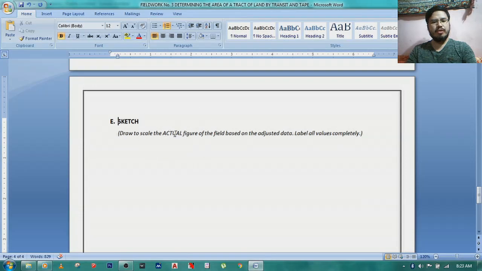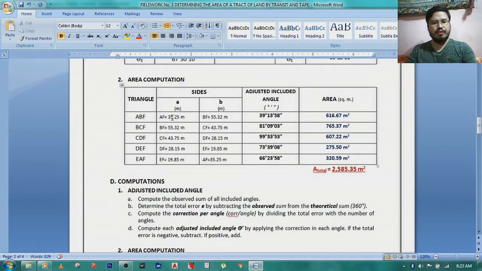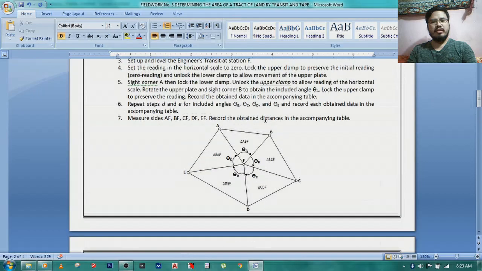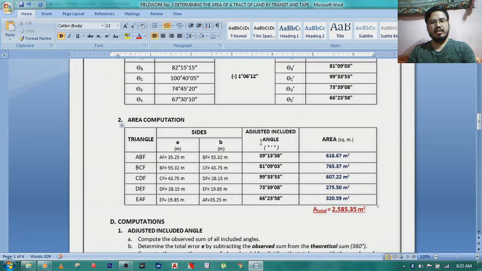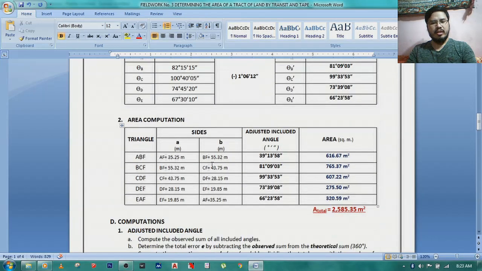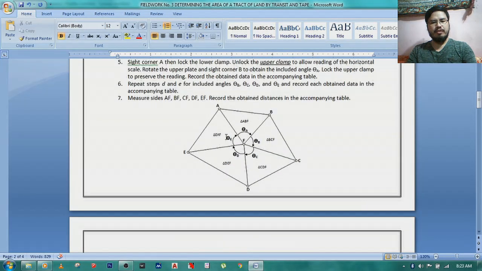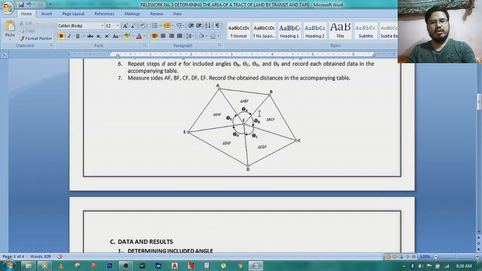When you say actual figure, based on the adjusted data, that means whatever your length for AF, whatever your length for BF, and the included angle theta A, the adjusted included angle, then that should be 35.25 for AF, and 55.32 for BF.